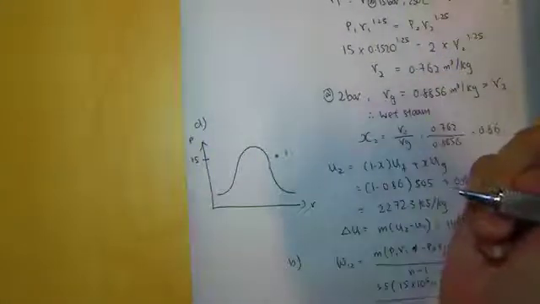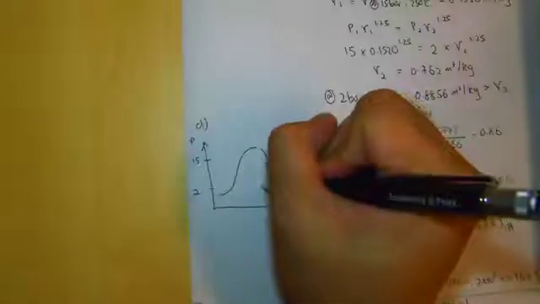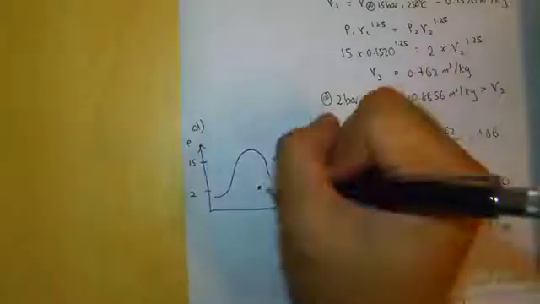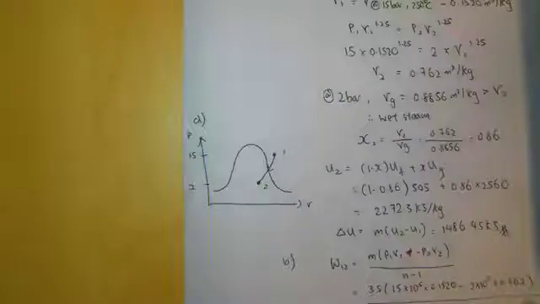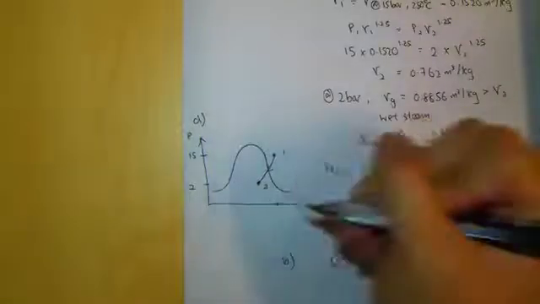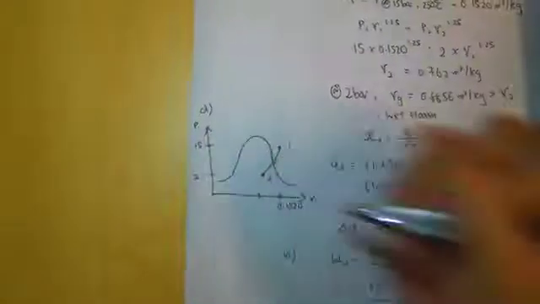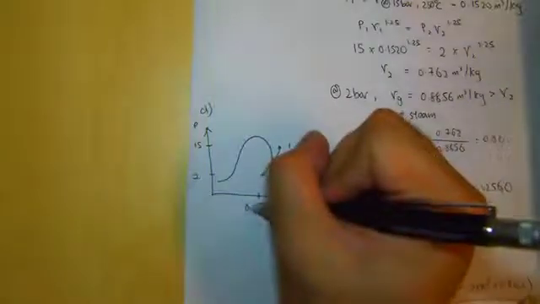The final state is at 2 bar wet. So from 1 to 2, it's just a curve. By right, you are supposed to also label your V1. Your V1 in this case is 0.1520. Your V2 is 0.762.